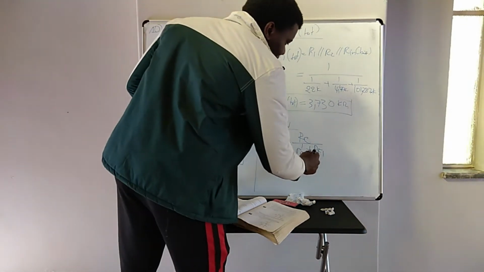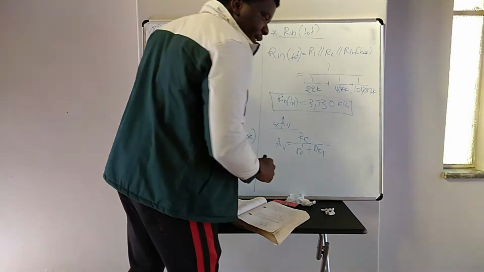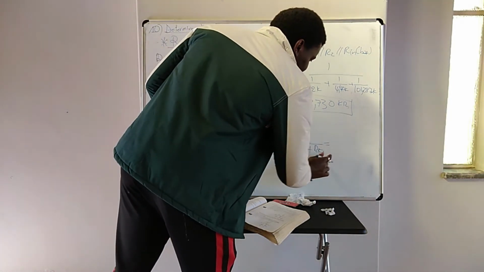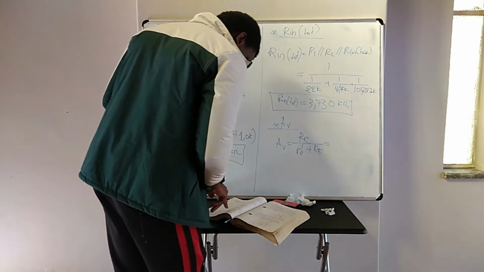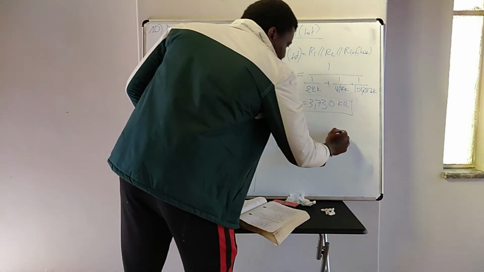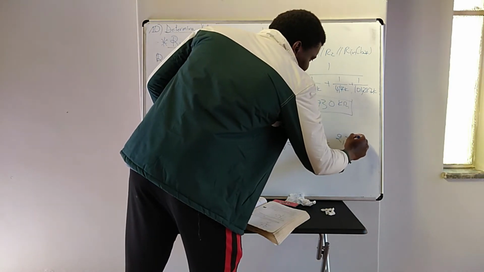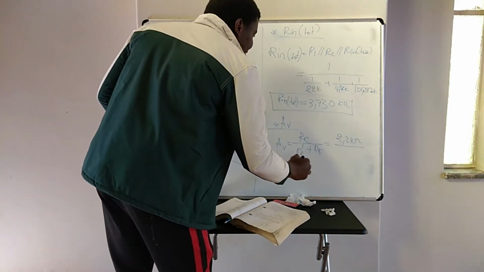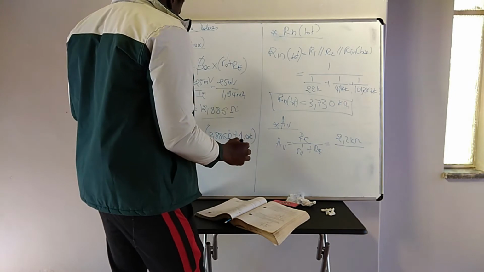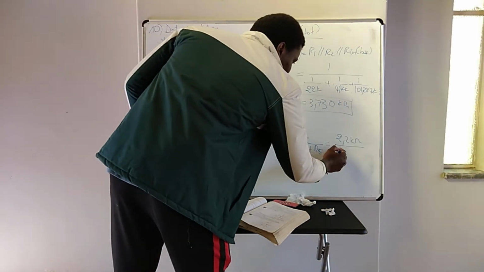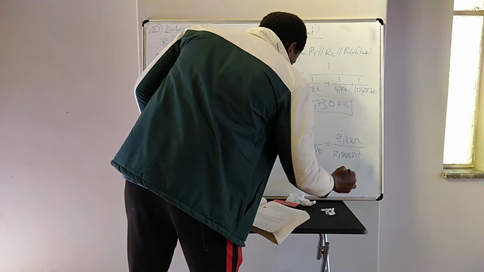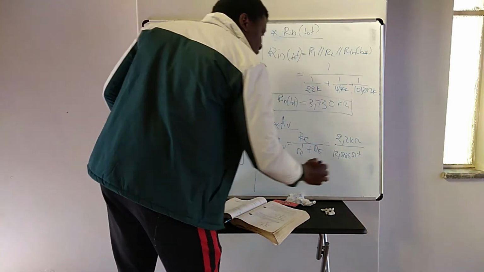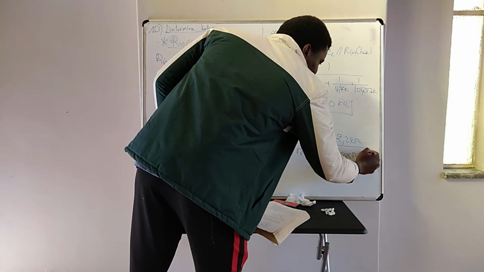So the voltage gain is going to be RC, which is 2.2K, over R accent E, which is 12.886 ohm, plus RE, which is 1K.